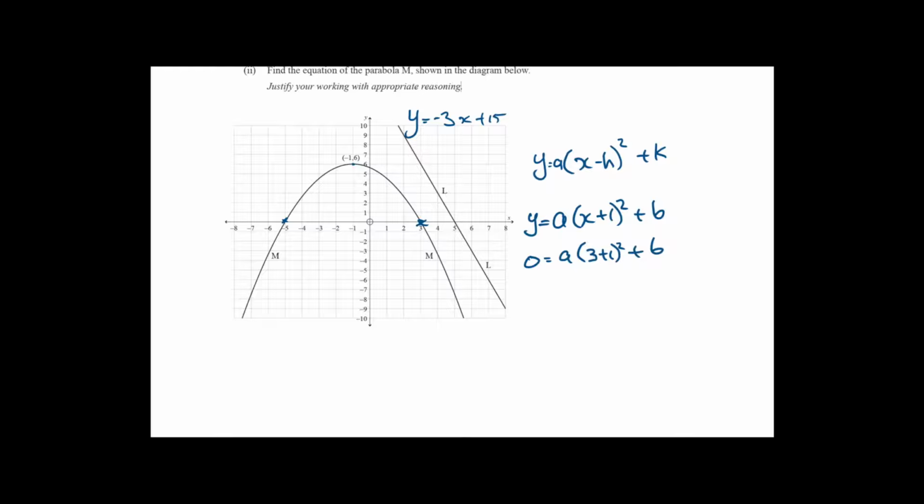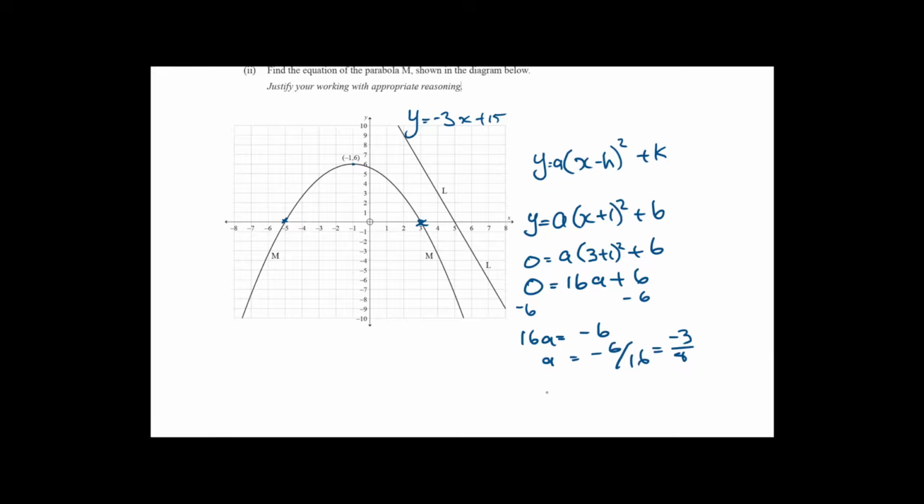So this is going to be 3 plus 1 is 4, 4 squared is 16, so 16a plus 6, and let's take the 6 away from both sides. So 16a equals negative 6. a is going to be equal to negative 6 over 16, which is negative 3 over 8.